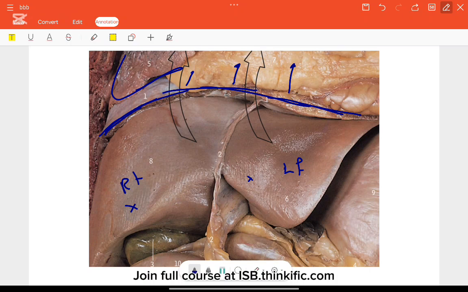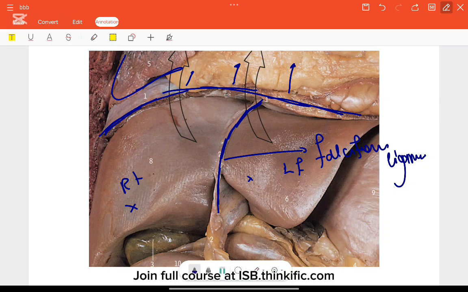Now, there's a fold of peritoneum, which is this one. This fold of peritoneum is called the falciform ligament. I will explain in detail. It is just a fold of peritoneum that connects the anterior surface of the liver to the anterior abdominal wall.